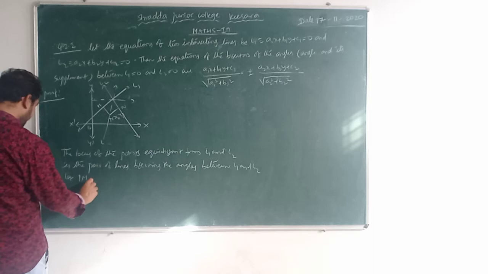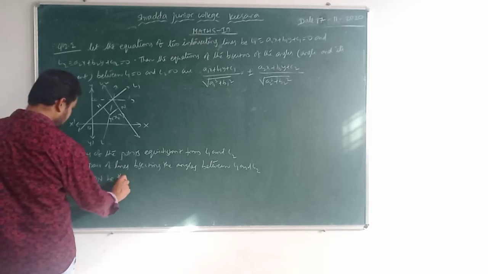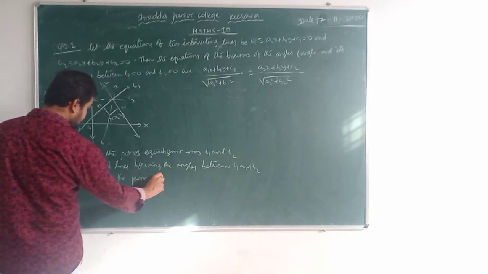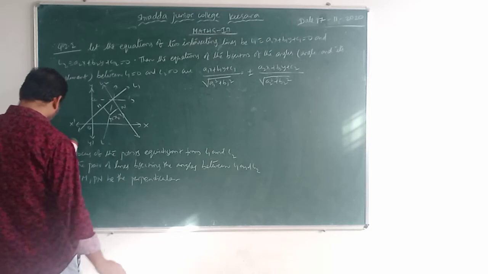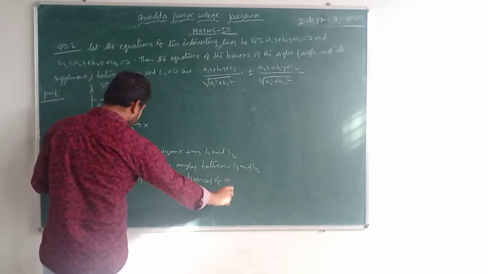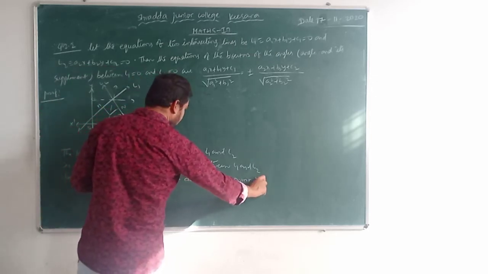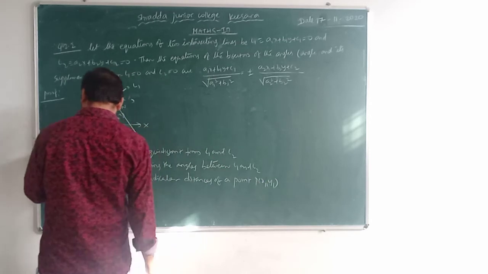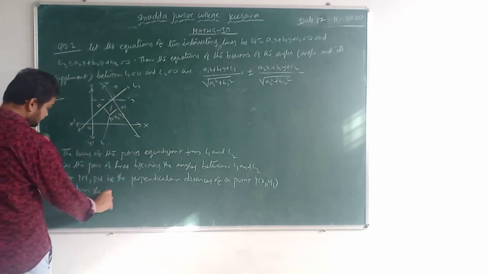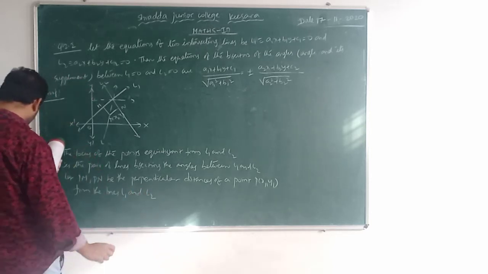Let PM, PN be the perpendicular distances of a point P(x1, y1) from the lines L1 and L2 respectively.